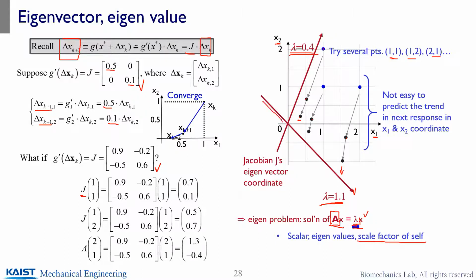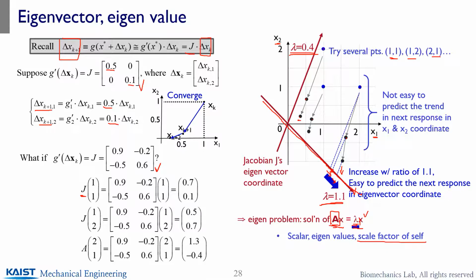But in this axis, whatever value you have here will be increased by a factor of 1.1. And starting from this value, it will also be increased by 1.1. As you keep multiplying those matrices, it self-scales by a factor of 1.1.